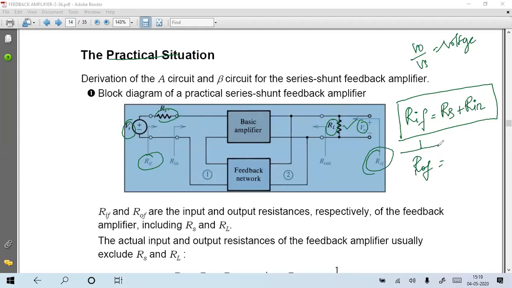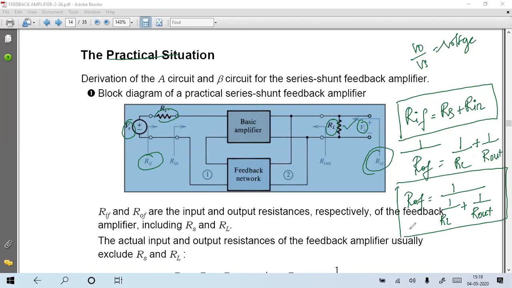So 1 by R0F is equal to 1 by RL plus 1 by Rout, because it is shunt nature. From that, R0F is 1 divided by (1 by RL plus 1 by Rout). This is the practical situation.